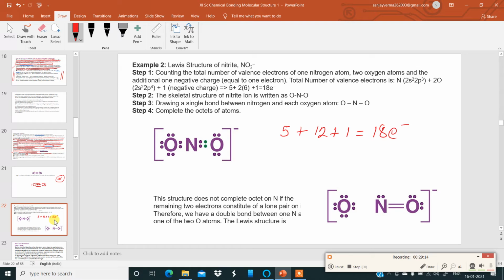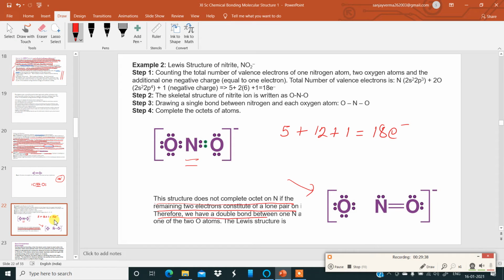So we have to distribute the 18 electrons between oxygen, nitrogen, oxygen. Nitrogen is the least electronegative, so that's why it is placed as the central atom. Now it is placed over here in this diagram. This structure does not complete the octet on nitrogen if the remaining 2 electrons constitute a lone pair on it.